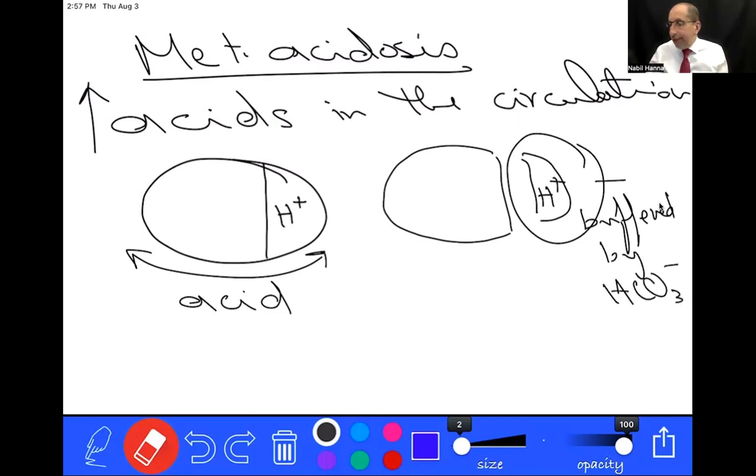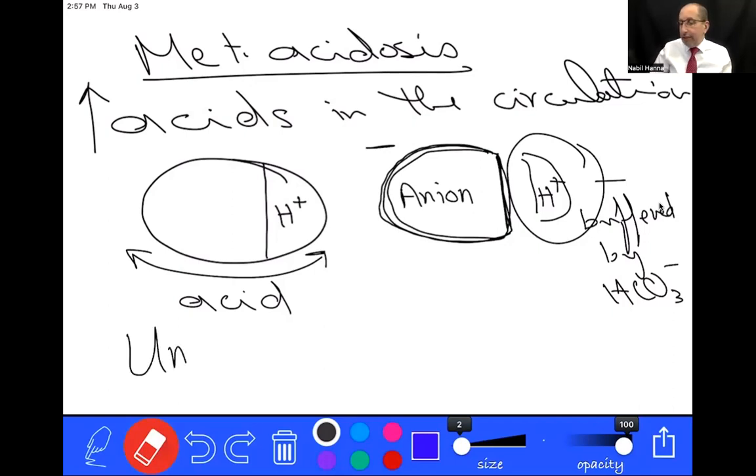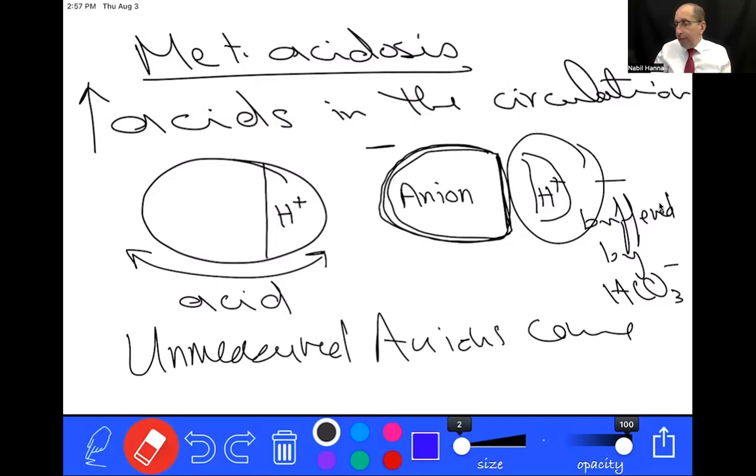So bicarbonate will take care of this hydrogen ion. This particle that remains will be negatively charged, correct? So what do we call this particle? We call it anion. So anions come from acids. Unmeasured anions come from acids.